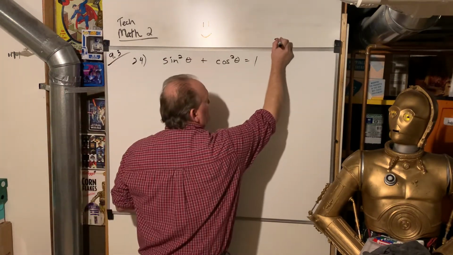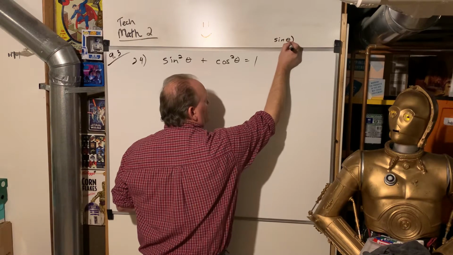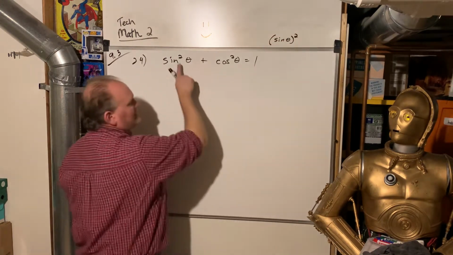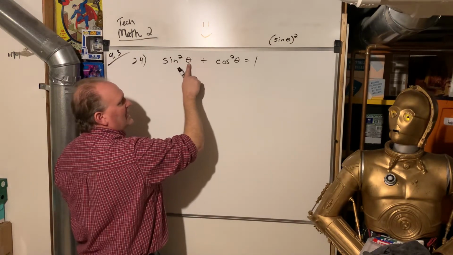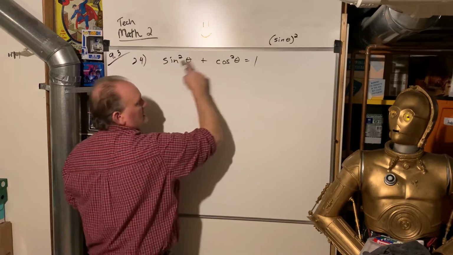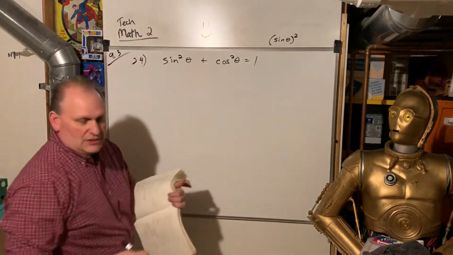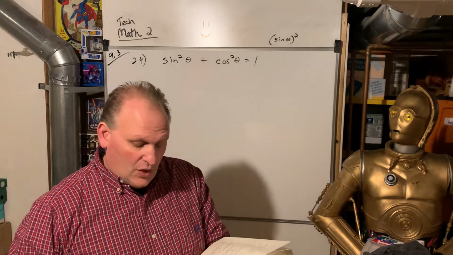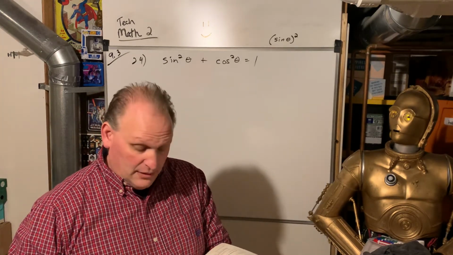That means if you took the sine of theta and put the whole thing in parentheses and then took it times itself. That's the shorthand. They put the squared on the sine instead of having the whole thing in parentheses like this. But that's what it actually means. So sine theta times sine theta plus cosine theta times cosine theta will always equal 1.